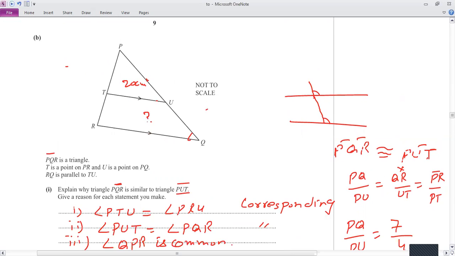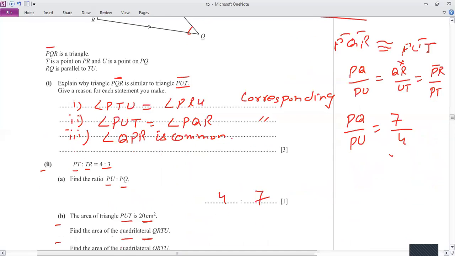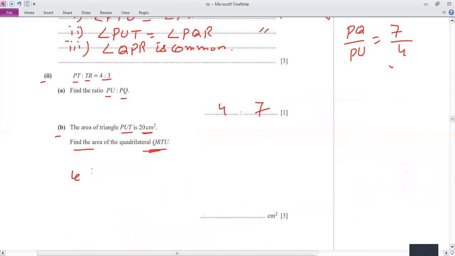First of all, before finding the area of this one, I would find the area of the big triangle, because I have the area of the smaller triangle. Let the area of PUT be A1, that is given.